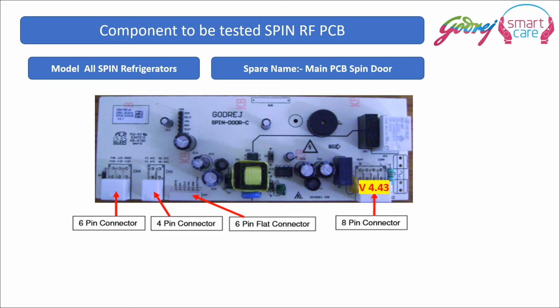Then you have an 8-pin connector where 4 pins are actually used. 2 pins are phase and neutral incoming voltage, and 1 pin is for phase outgoing to the compressor, and the other pin is for phase outgoing to the heater.